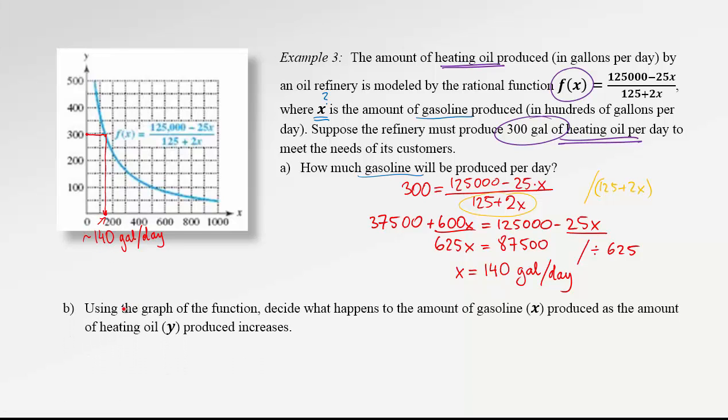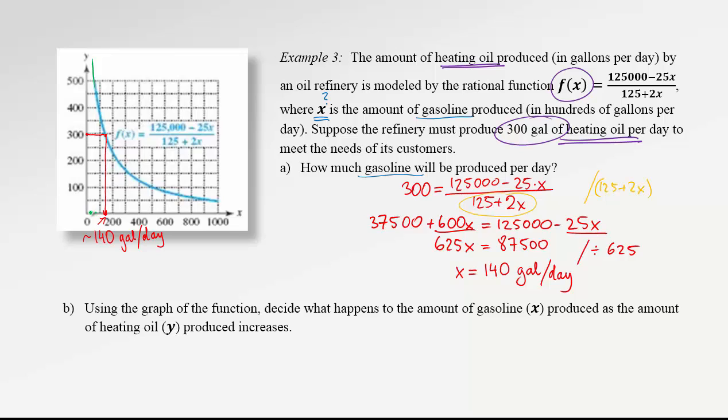And we have one more question here. Using the graph of the function, decide what happens to the amount of gasoline, x, produced as the amount of heating oil, y, produced increases. So to answer this question, let's refer to the graph. What's going on when the amount of heating oil, y, increases? Well, we need to go up this way, right? The values of the function are larger and larger.